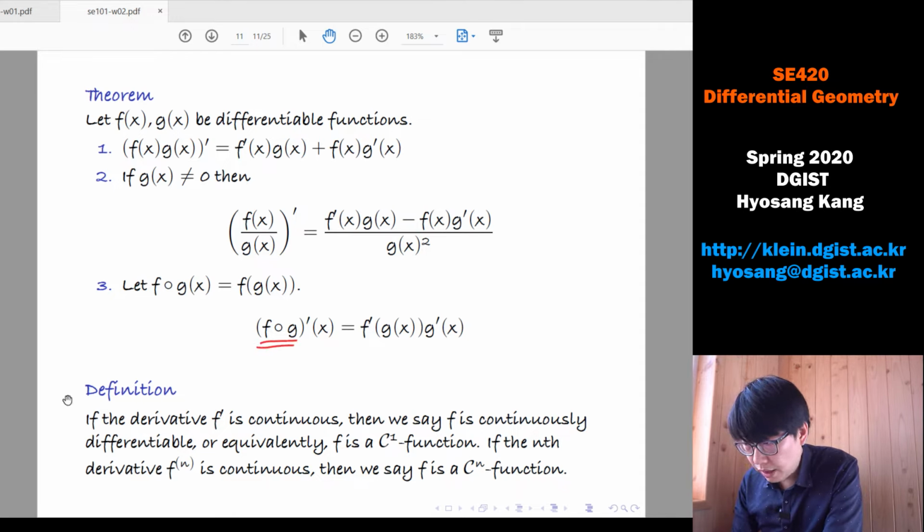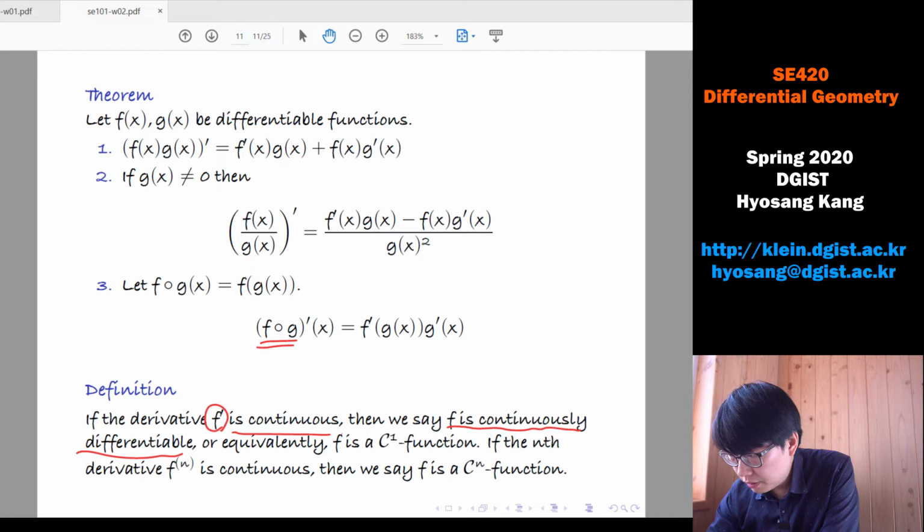And this is a side note: if you have a derivative which is also continuous on the same domain, that is, f prime is continuous, then we say f is continuously differentiable. If you don't have the word continuously here, and just say f is differentiable, it means that f prime exists, and that the derivative is a function you can define.